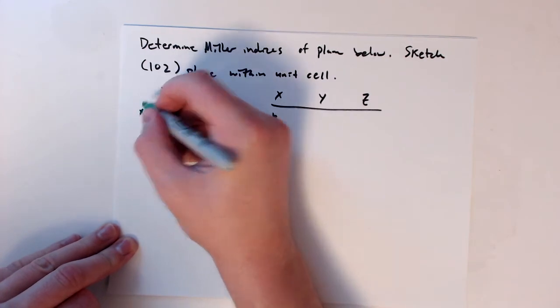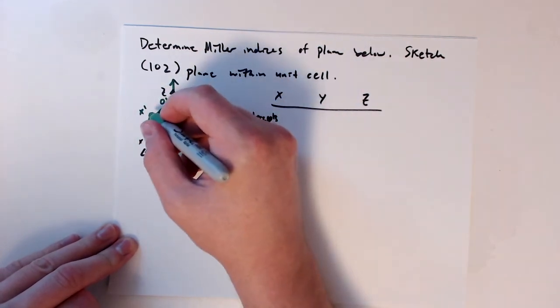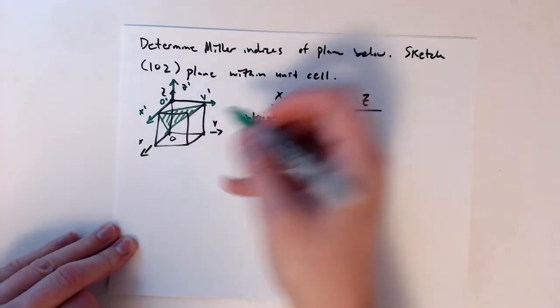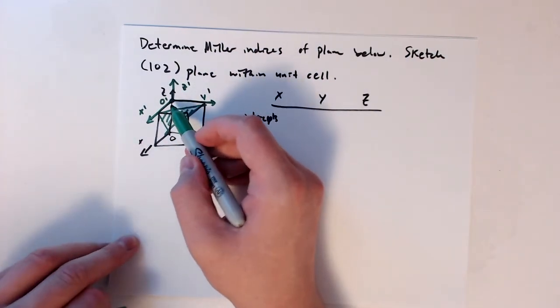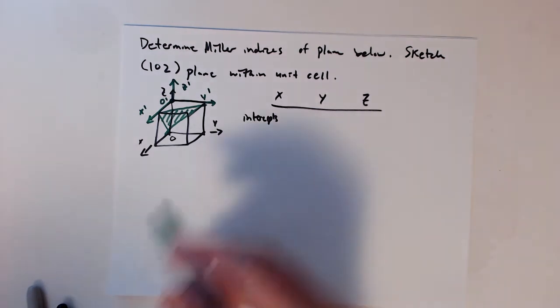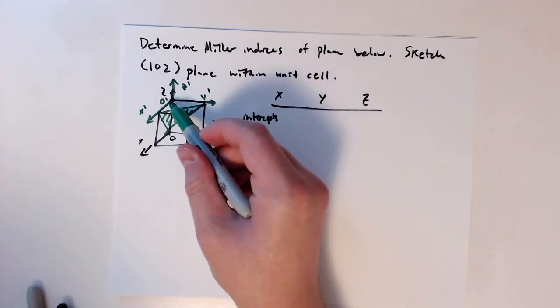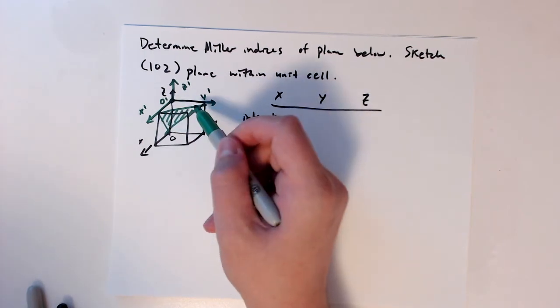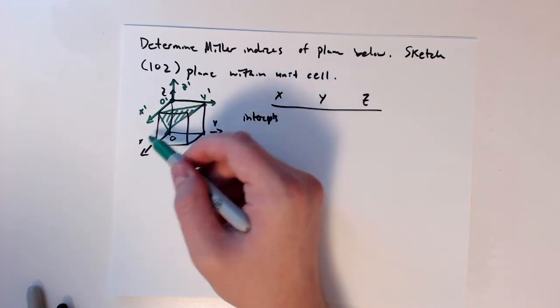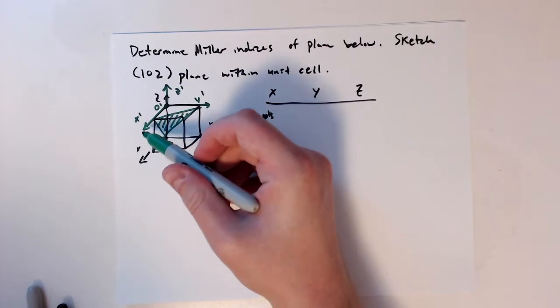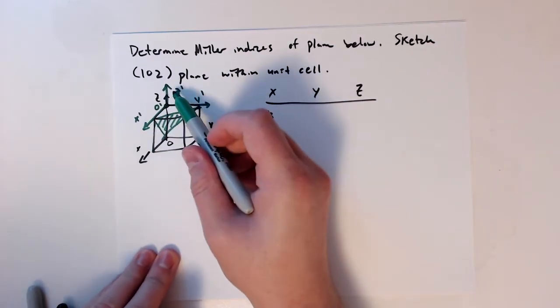So this is my new x prime, y prime over here, and z prime over here, all starting at this point, because I want to look at the intercepts, but now I've changed the origin. So I'm going to look at it with reference to this origin and this axis system. So ignore the x, y, and z and focus on the x prime, y prime, and z prime.